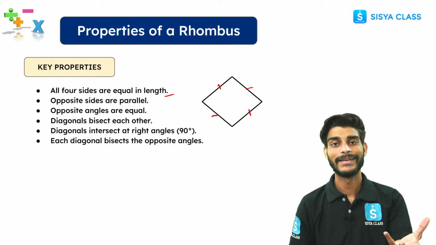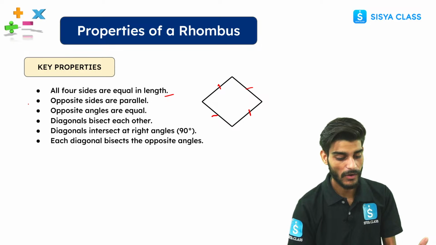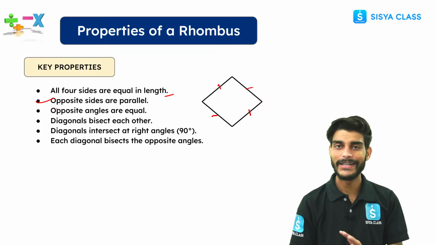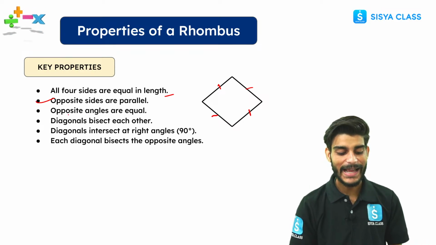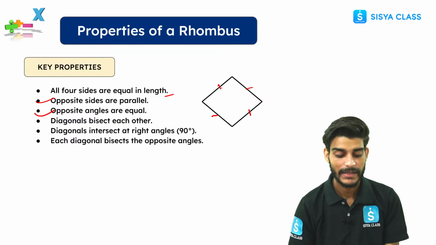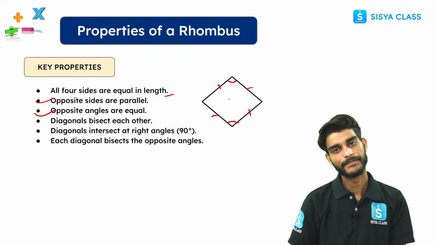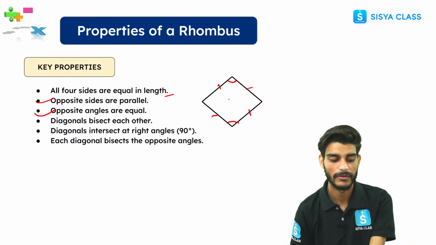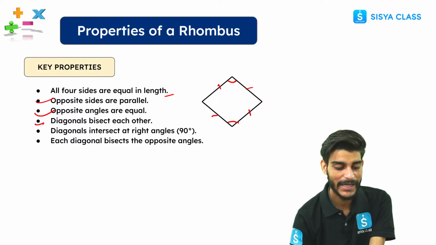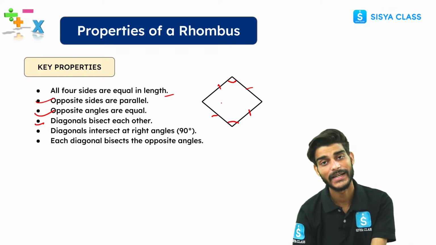Opposite angles are equal. Diagonals bisect each other. Once again, it is a property.